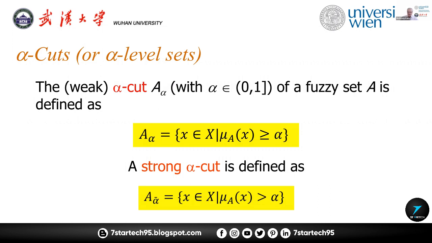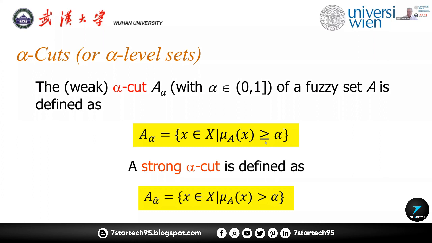An alpha level set of a fuzzy set A with a certain value alpha are all those elements of the universe whose membership degree is greater than or equal to alpha. So, simply speaking, all those elements of the universe that have a membership value greater than or equal to alpha belong to that alpha cut.